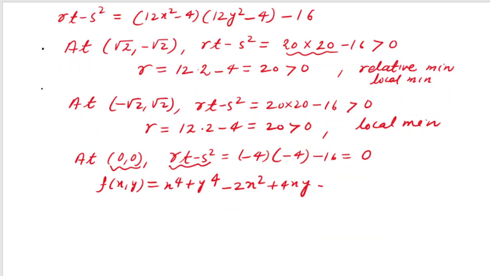So this is what we have got, right? So if you calculate the function value at point 0 comma 0, what will happen? Everything will become 0, so you will get the function value at point 0 comma 0 as 0, right?